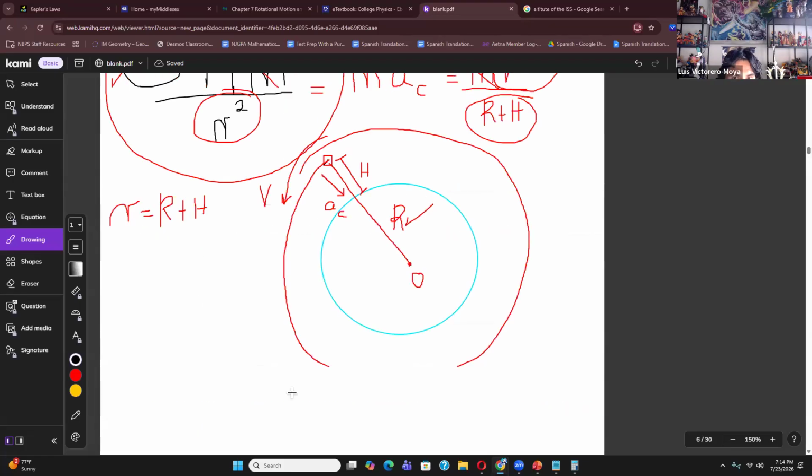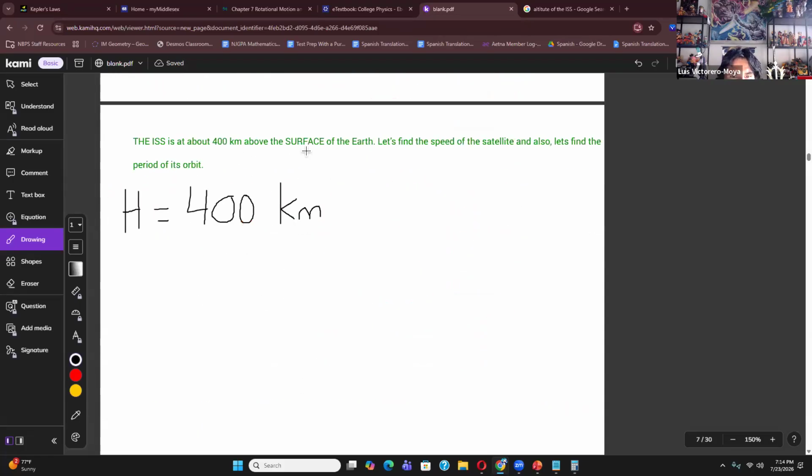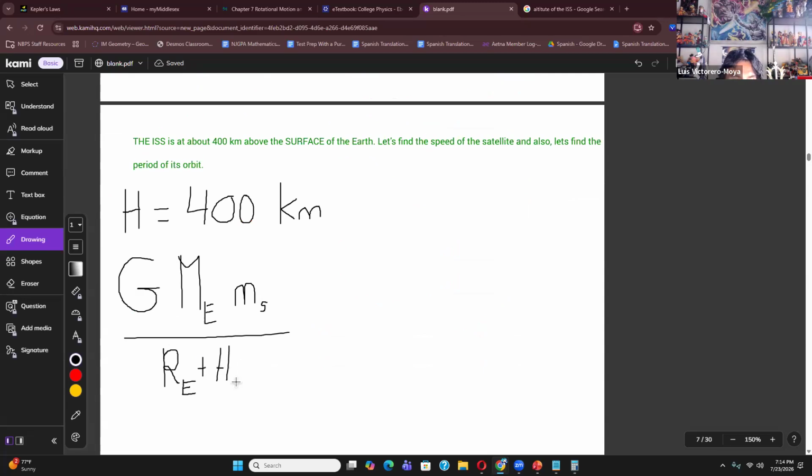That's this. So for the satellite to be orbiting the Earth, the gravitational force between the Earth and the ISS or the satellite has to be equal to the centripetal force.